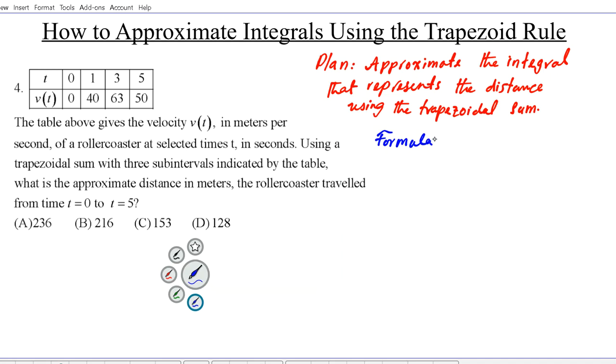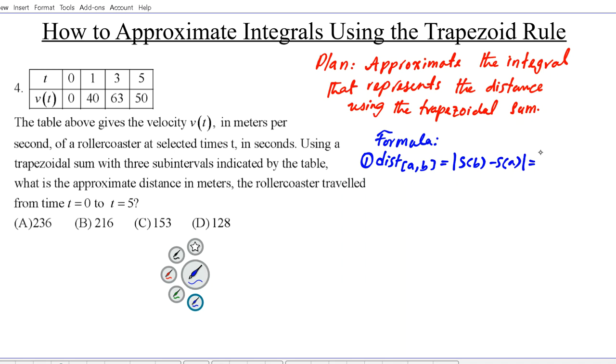The first formula you want to keep in mind is the formula for calculating the distance. Remember, distance is different from displacement. Displacement is a vector quantity, and distance is a scalar quantity. The distance between 2 points, let's say from A to B, is basically the absolute value of the displacement on the same interval, so S of B minus S of A, where S of t represents our position function.